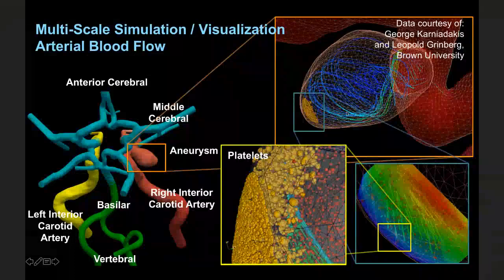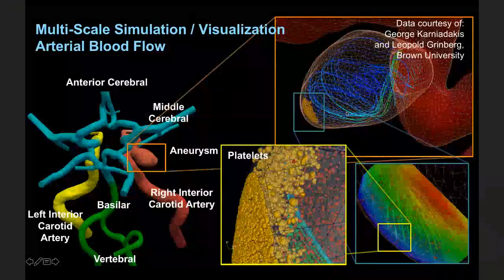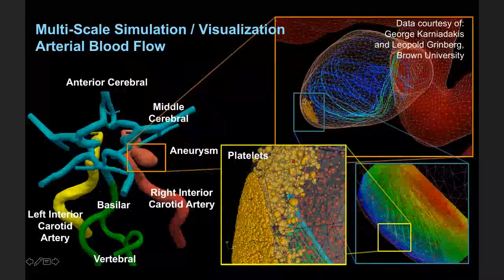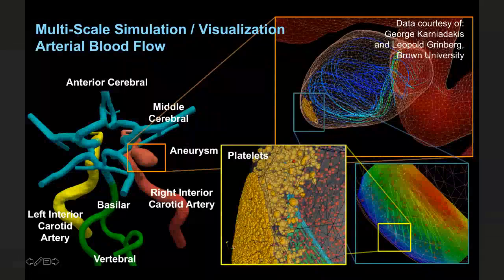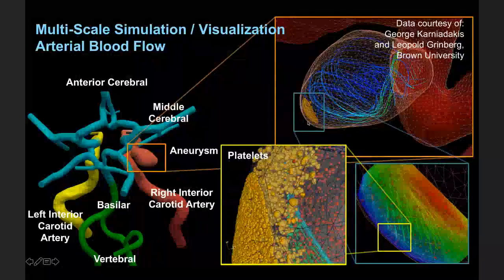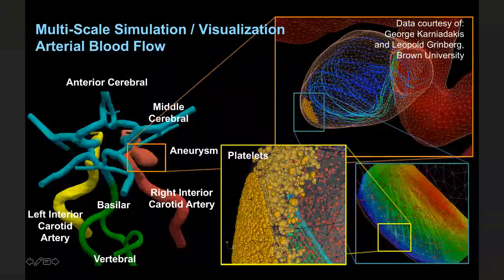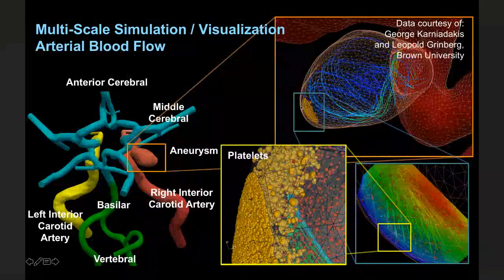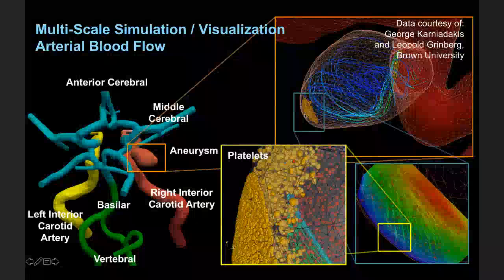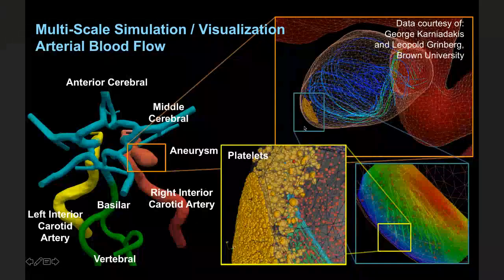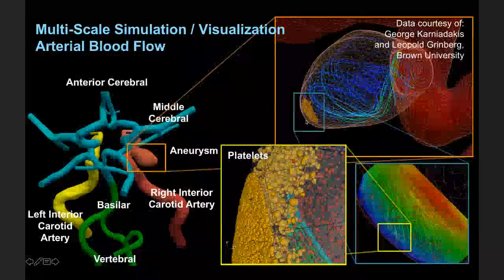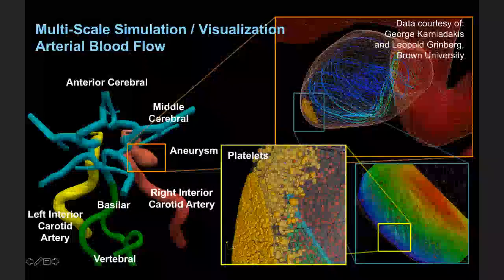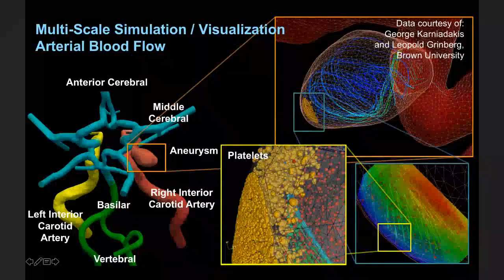And then that's coupled with a particle dynamics code, which is used to simulate the platelet particles here in this subdomain along the wall of the aneurysm. And so there's on the order of maybe a couple 100,000 of these platelet particles, and this ran on 31 racks of that previous machine. So 31 times as much compute and memory was required to do this small subregion than was to do the larger scale throughout the whole system.